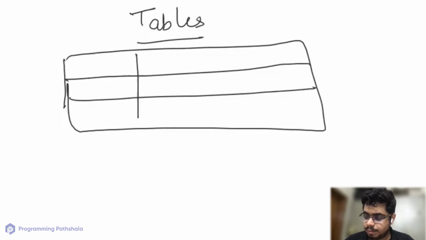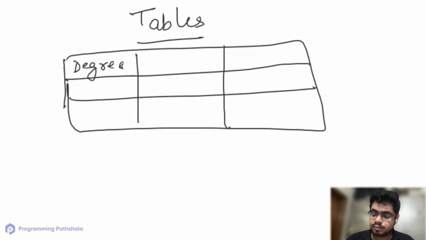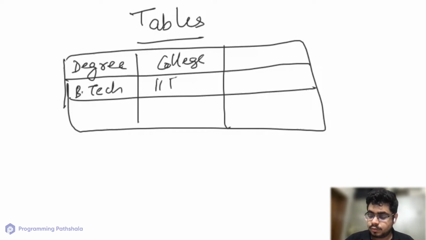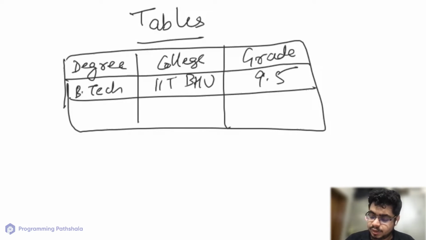So I'll take a simple example. Let's say I want to build a table for representing my education. So let's say I have a degree here. Let's say I have BTech degree. Then I can have college. So I can say IIT and then I can have some grade points. So let's put some grade points.